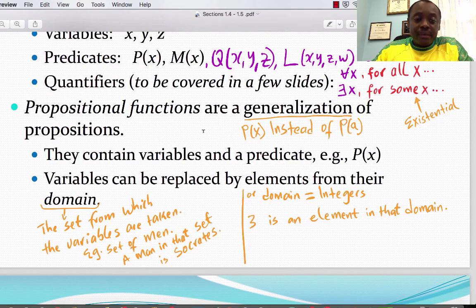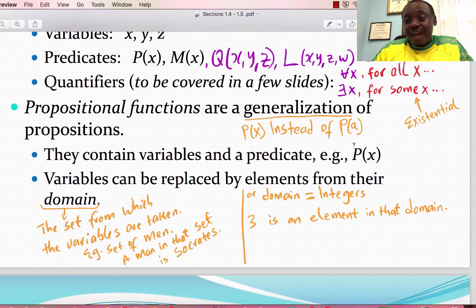That is our domain. Now I can pick an element from that domain, and Socrates would be an element from the domain. John would be an element from the domain. So variables can be replaced by elements from their domain. Another example, a domain could be the set of integers, in which case 3 is an element in that domain. 5 is an element in that domain. -6 is an element in that domain.